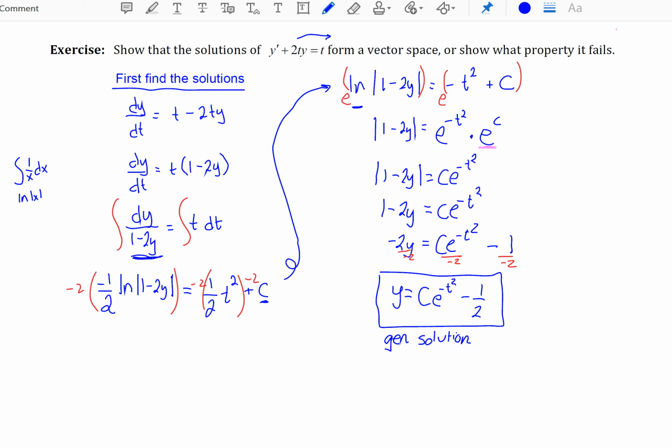Now what we want to do is to show that the solutions will form a vector space, or show what property it fails. So now let's go show the required properties.